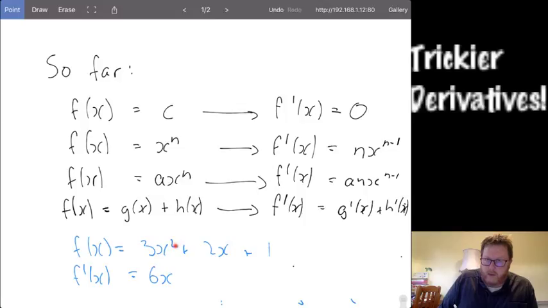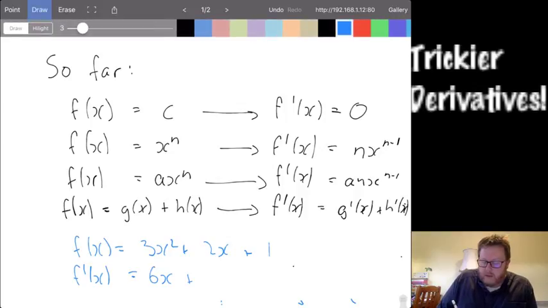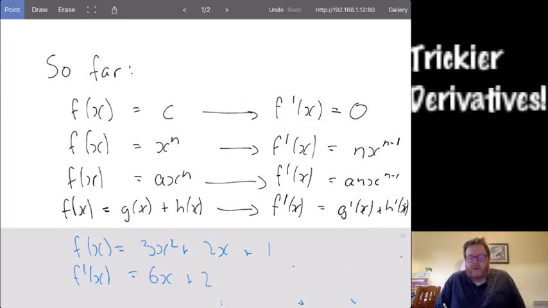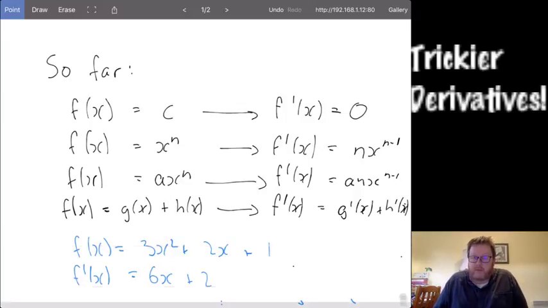So 2 minus 1 is 1, so x to the power of 1 is just x. 3 times 2 is 6. Plus 2, x to the power of 1 becomes x to the power of 0, and x to the power of 0 is just 1, so it's gone, and 1 times 2 is 2. And I don't have to write it in, but plus 0. This constant part of the polynomial, its derivative becomes equal to 0. Okay, so the derivative is 6x plus 2.